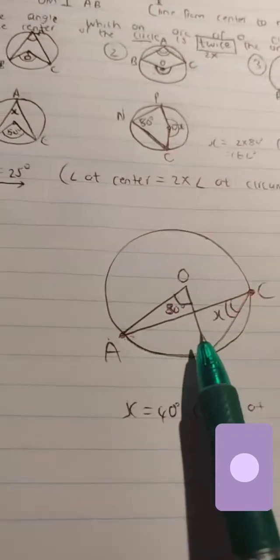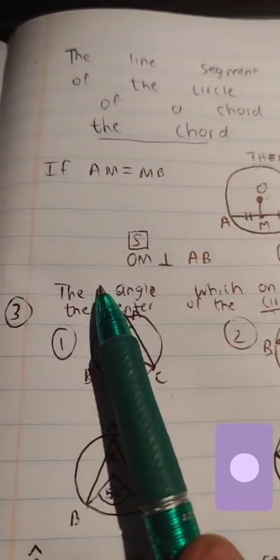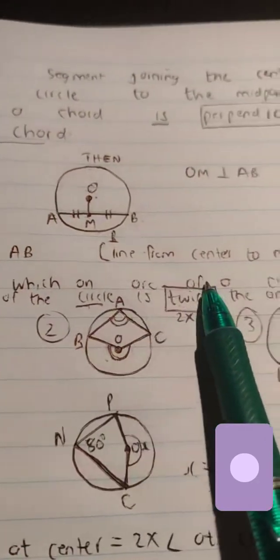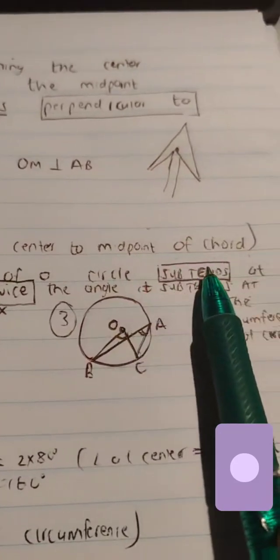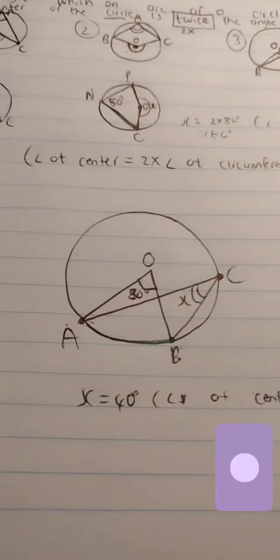Now come with me. Since you said it's AB, let's go and read the theorem statement. The theorem statement says the angle which an arc of a circle subtends at the center of the circle. So I like what somebody said in the comment section.